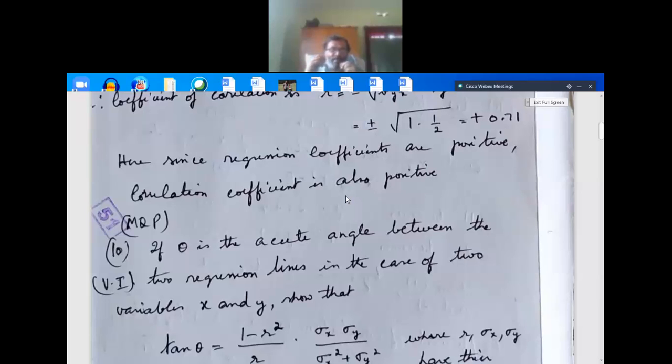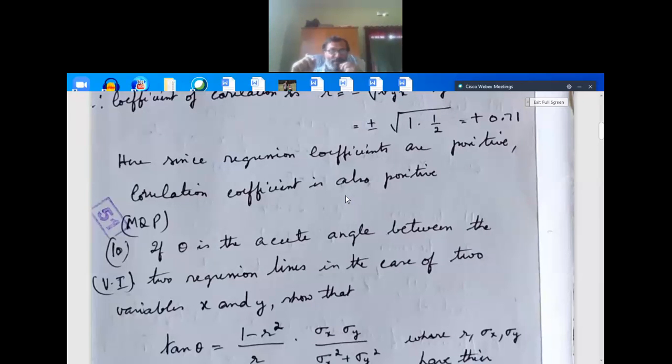Then to find r, that is, the coefficient of correlation, we assume any one of the equations as the regression equation of y on x or x on y, whatever. We write it in y equals form and find byx, the coefficient of x. Then the other equation, x on y, we write in x equals form and the coefficient of y will be bxy.